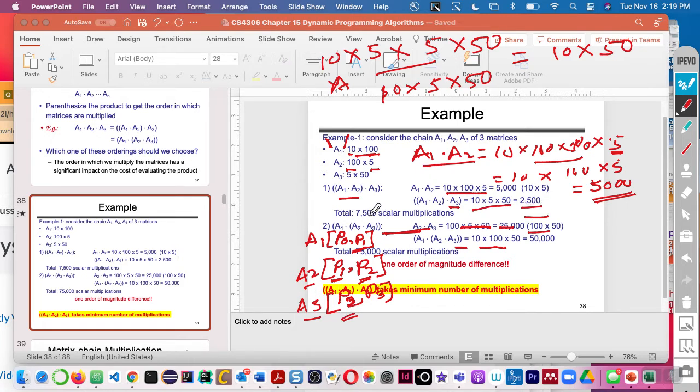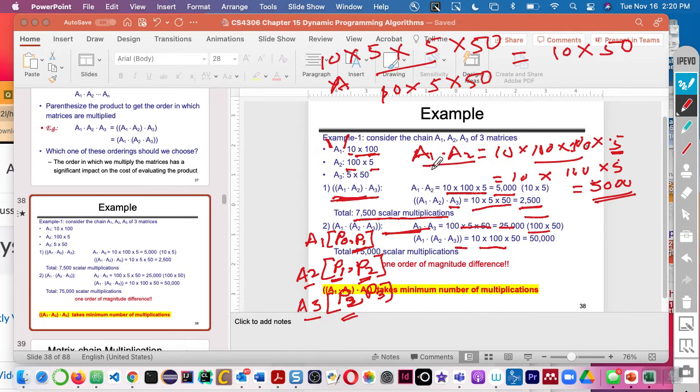The total multiplication needed is 5000 plus 2500, equal to 7500.